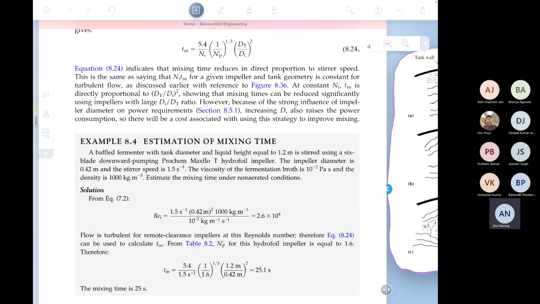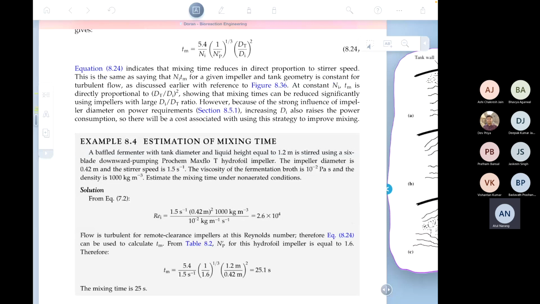This example is basically asking you for estimating the mixing time. A baffled fermenter with tank diameter and liquid height, both equal to 1.2 meters. So you have DT equal to HT equal to 1.2 meters. It is stirred with a 6-blade downward pumping hydrofoil impeller. She claims somewhere earlier in the book, if you read the chapter, that this is a new kind of efficient impeller.